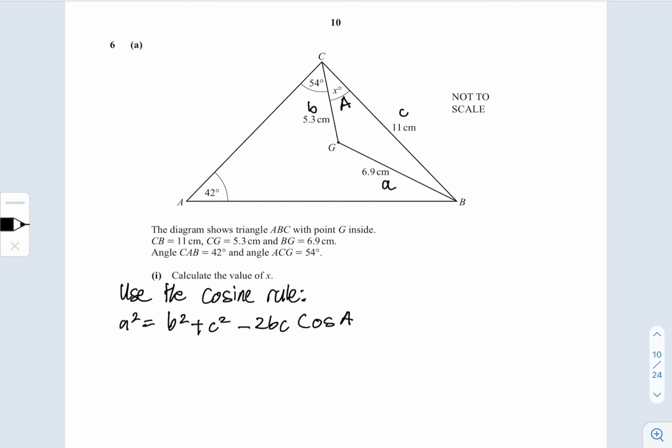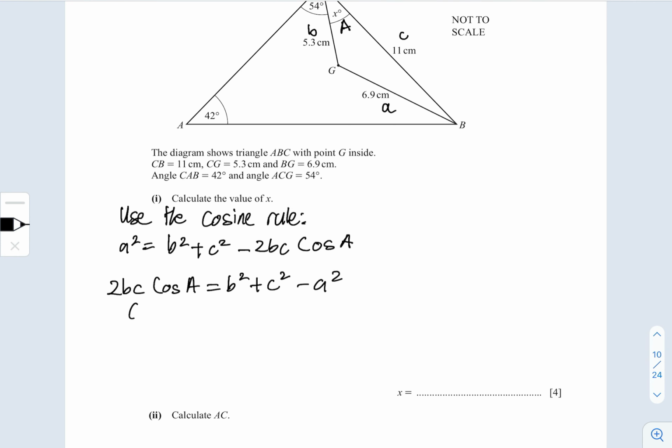By rearranging, we have 2bc cos A equals b squared plus c squared minus a squared. Then if we bring it over, cos A equals b squared plus c squared minus a squared over 2bc.